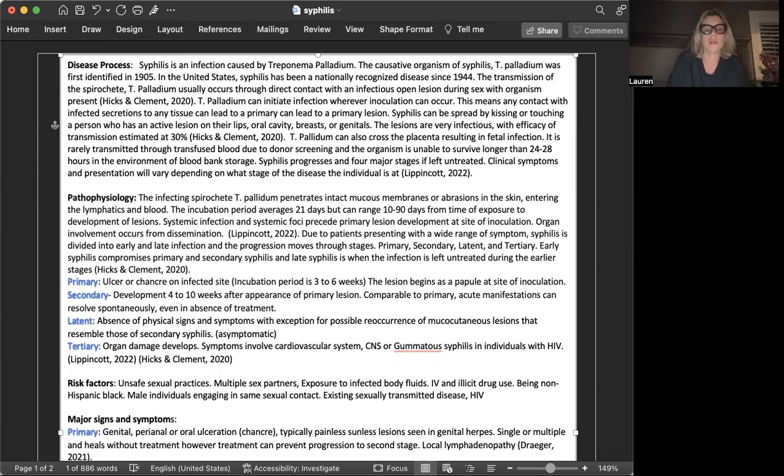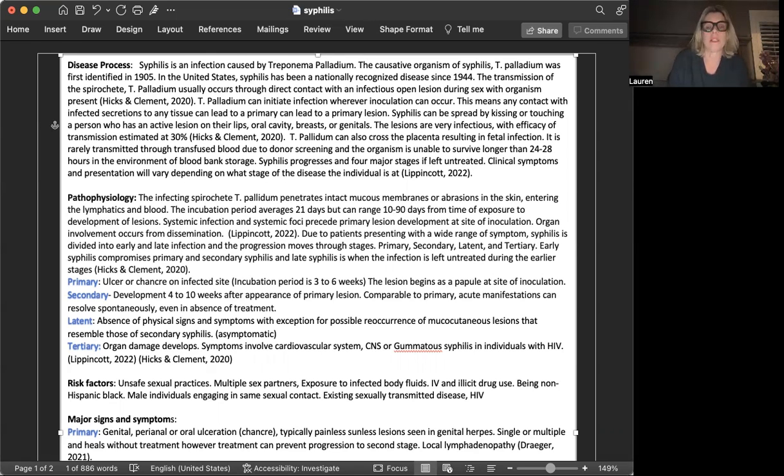The transmission of the spirochete usually occurs through direct contact with infectious open lesions during sex with organism present. T. pallidum can initiate infection wherever inoculation occurs, which means that any contact with infected secretions to any tissue can lead to a primary lesion.